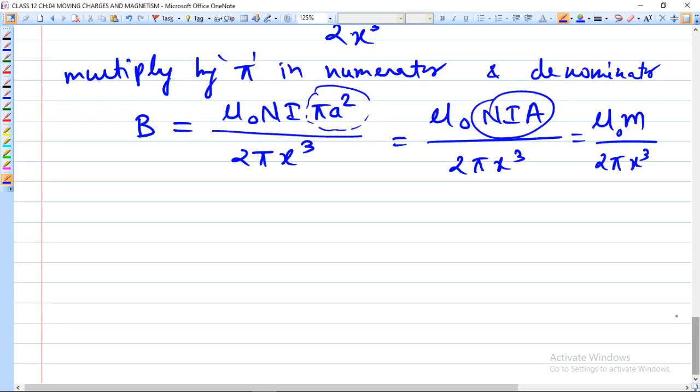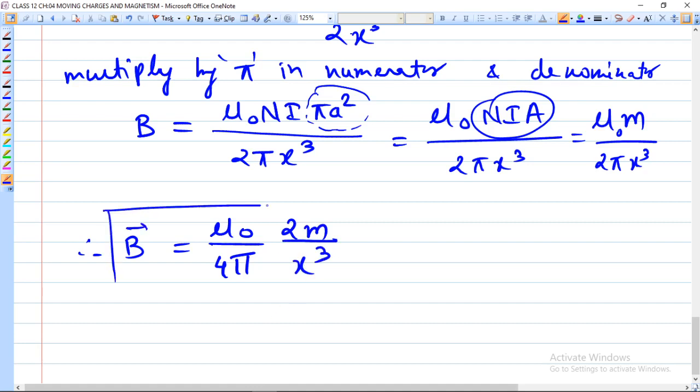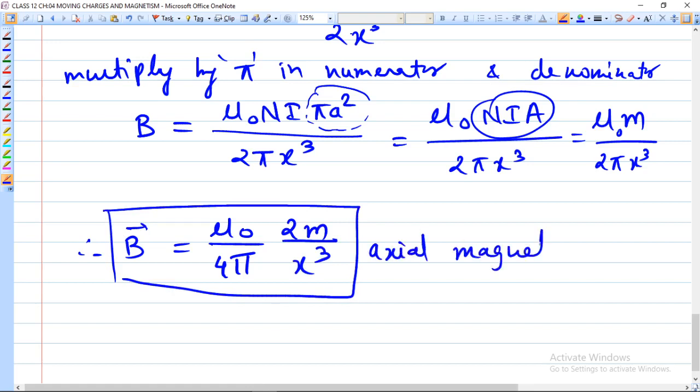Let's multiply by 2 again. So we get mu 0 upon 4 pi times 2M upon x cube. We will call it the axial magnetic field. Do you remember for the dipole, with a minus q and a plus q, we calculated the axial electric field?